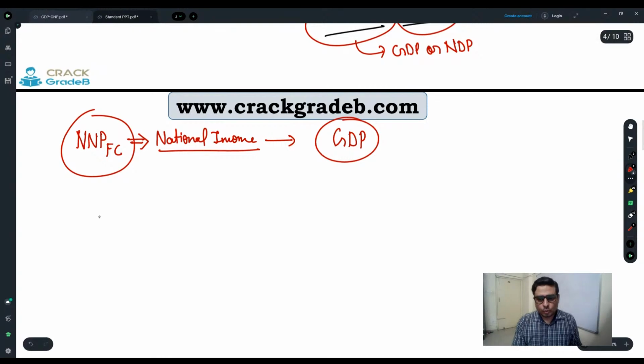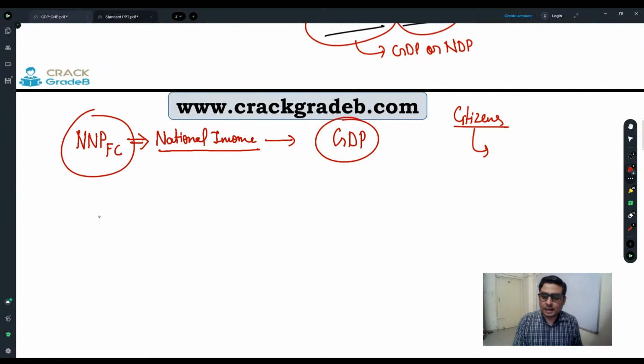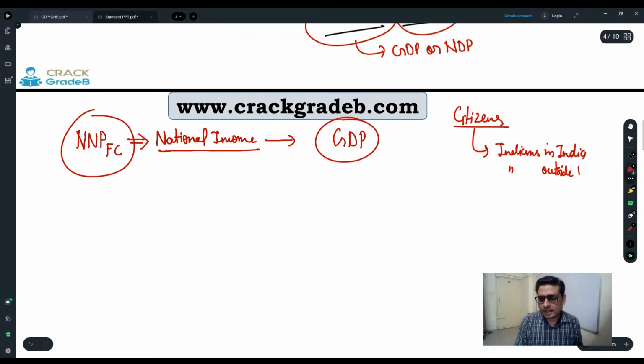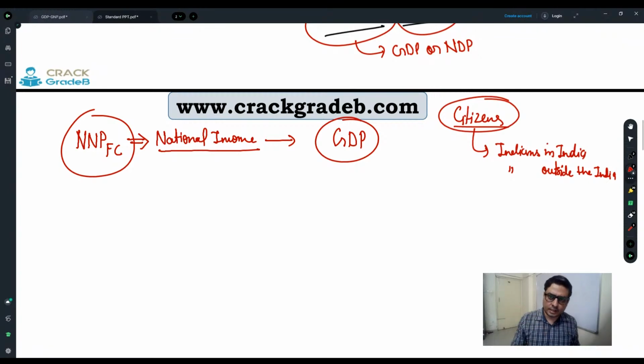When we calculate the income of citizens, it comprises Indians in India and Indians outside India. Citizens means he should be Indian, whether he is in India or outside India.